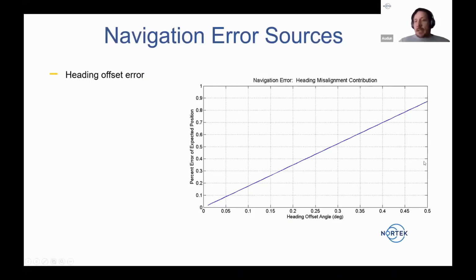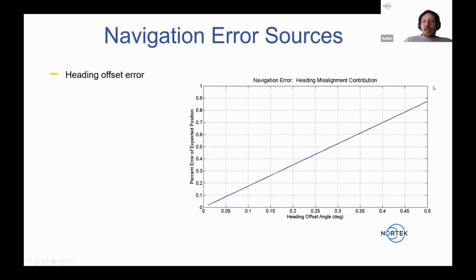well, it's not great. And also, I think 0.5 degrees is approximately as good as you're going to get with a magnetometer compass. I think that's like the best case. So if you have a DVL and you're using it along with a magnetometer-based system for heading, you cannot really expect navigation to get much better than 1%, say.